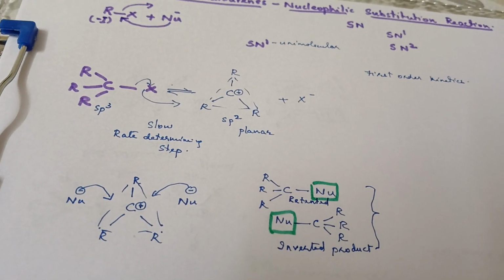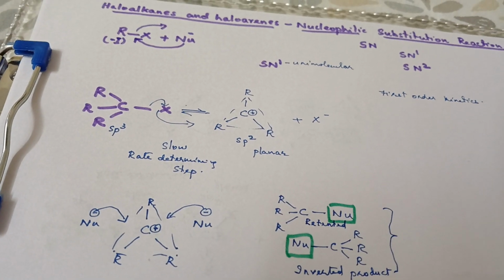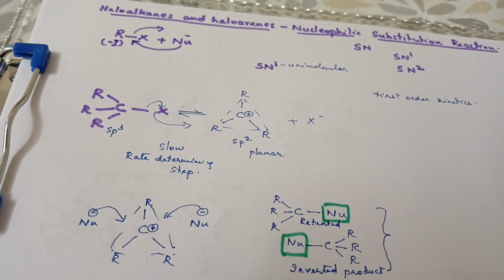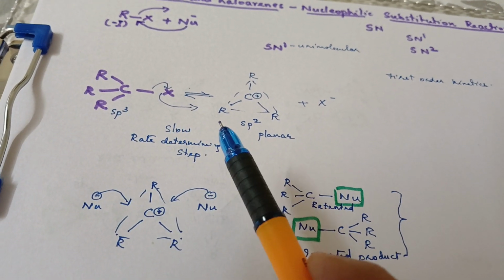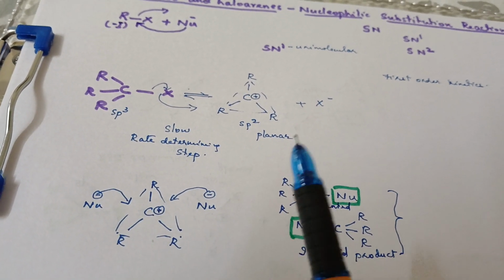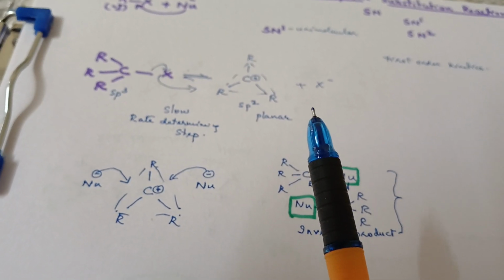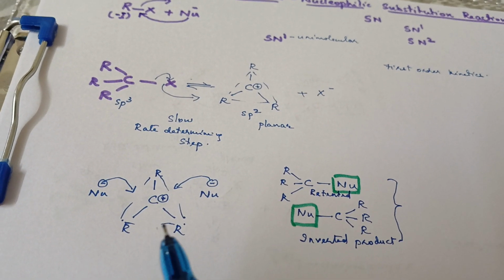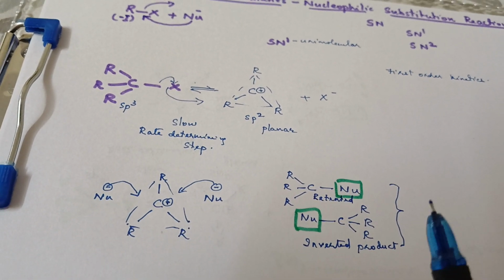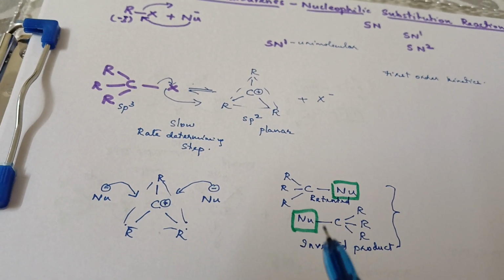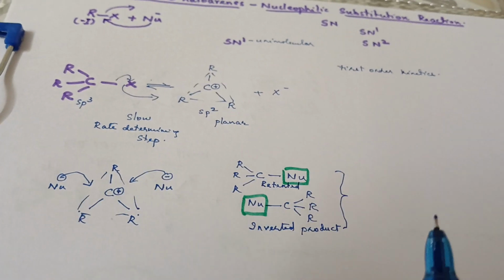So this is SN1 reaction. It occurs in two steps. The first step is breaking of the carbon halogen bond and the formation of a carbocation. The second step is where the carbocation is attacked by the nucleophile and you will be getting a mixture of retained and inverted products.